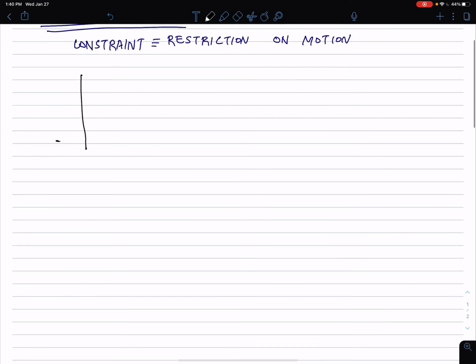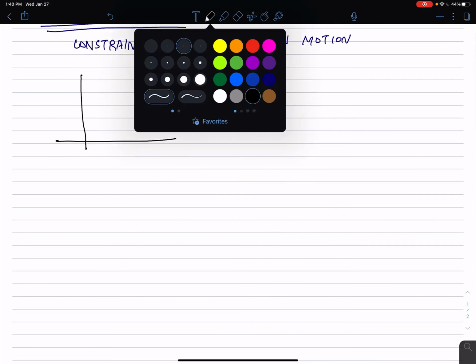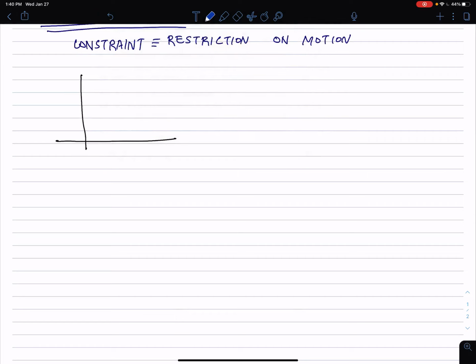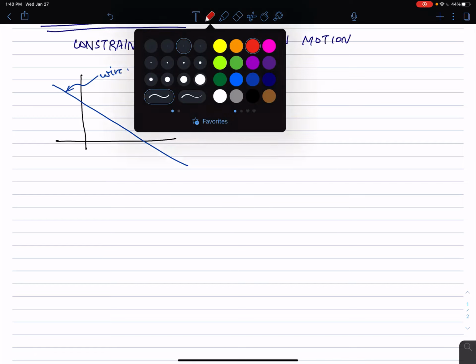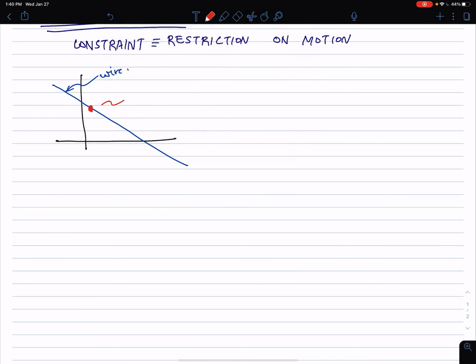So imagine, for instance, we have a wire like so, and we have a particle that moves on the wire. In other words, the particle doesn't move arbitrarily in the plane, but it moves along the wire.